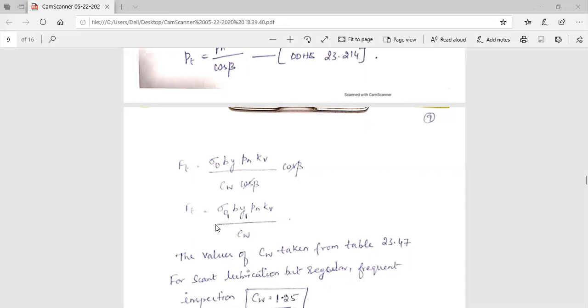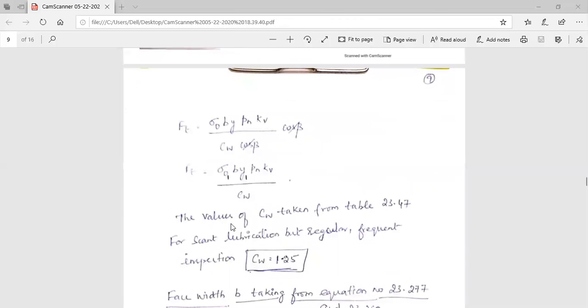Next, you find the value of Cw, C suffix W. The value of Cw is taken from table 23.47. This is also assumed data, so you can take any value, no problem, but you have to follow the procedure.